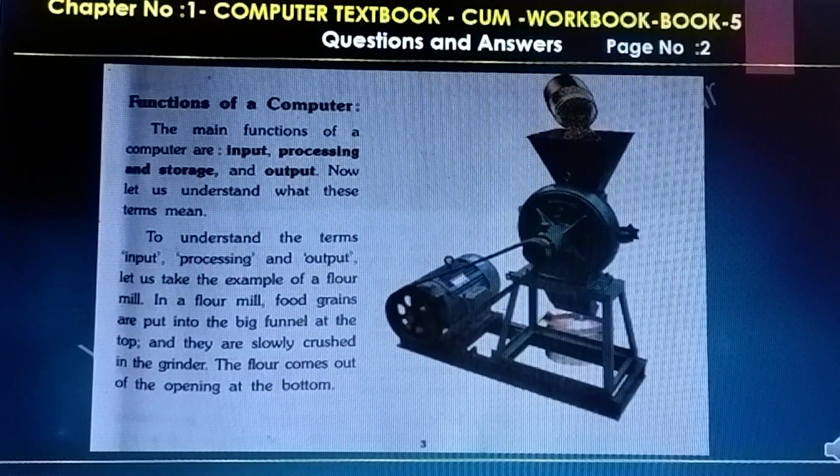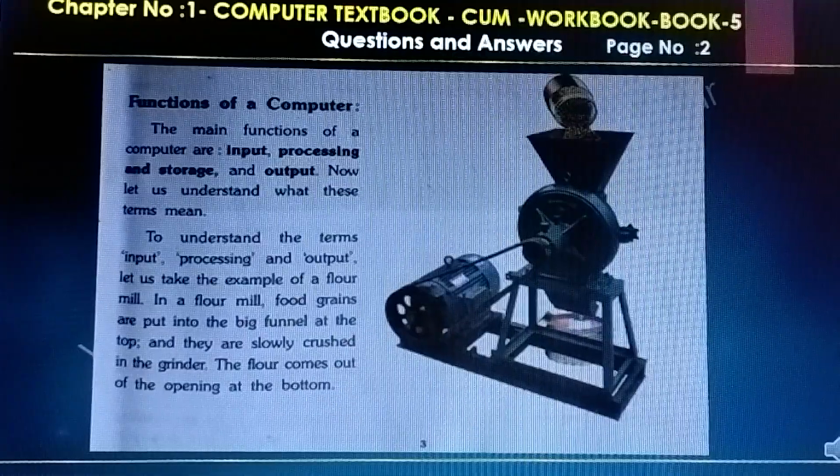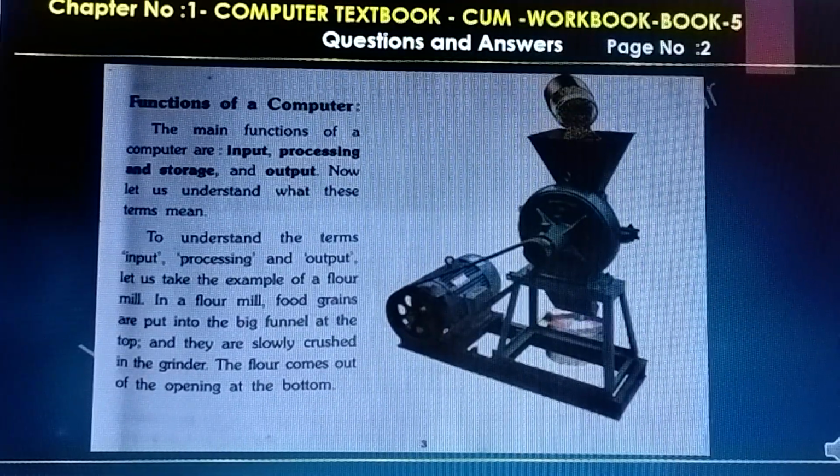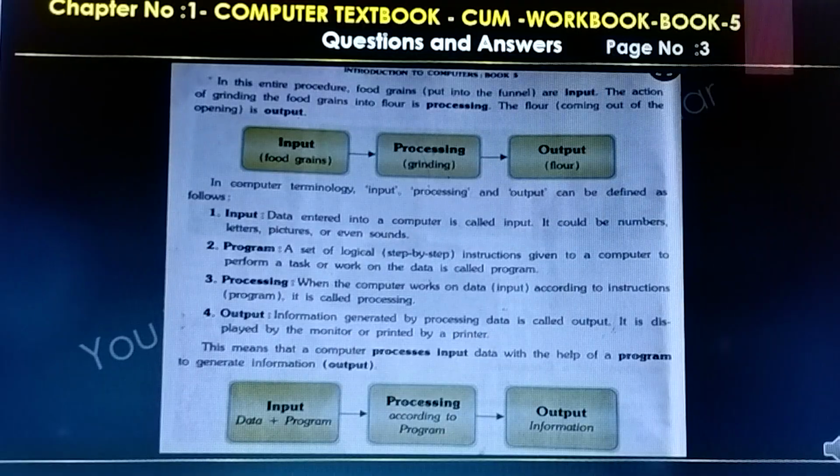The flour comes out of the opening at the bottom. In this entire process, food grains put into the funnel are input. The action of grinding food grains into flour is processing. The flour coming out of the opening is output.